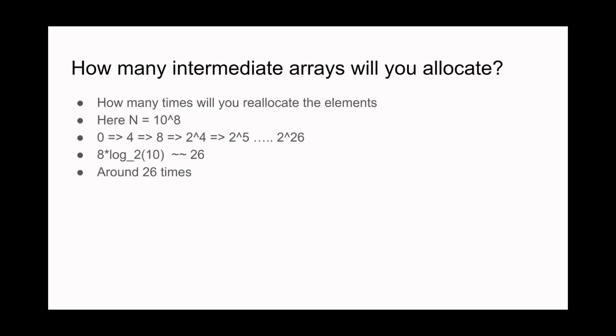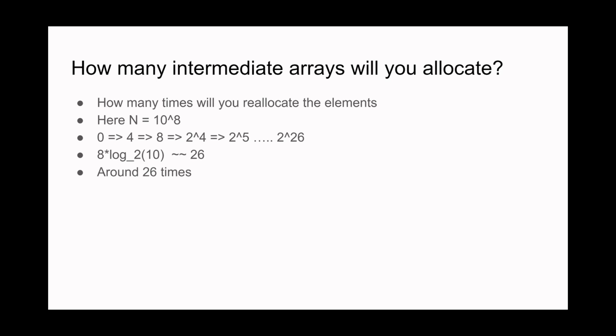Now the question is, how many intermediate arrays will you allocate? The answer to this is basically asking how many times you will call ensure capacity and it causes a reallocation. Which basically means how many times will you reallocate the elements.